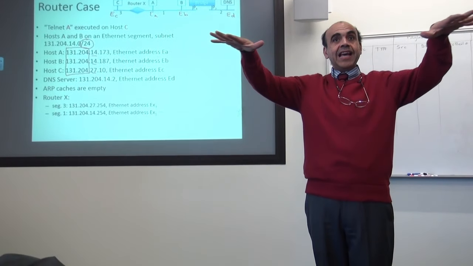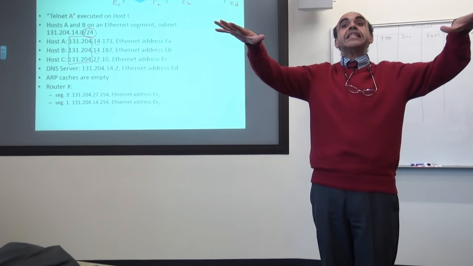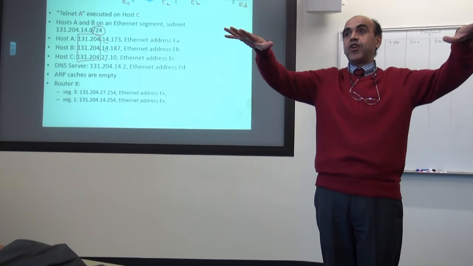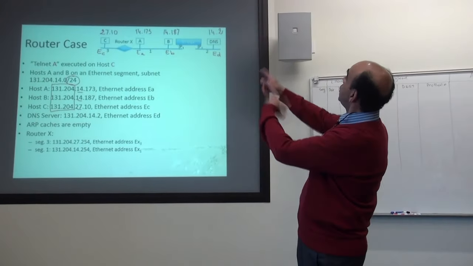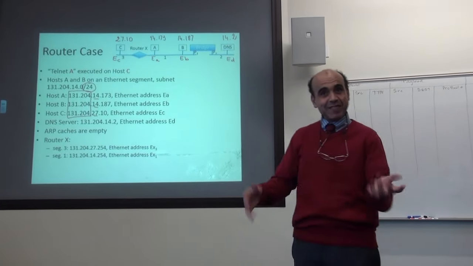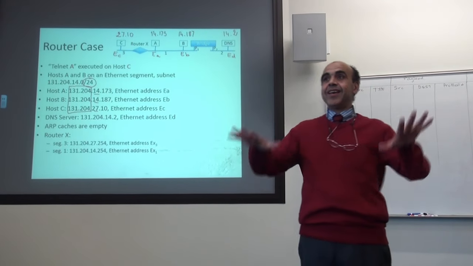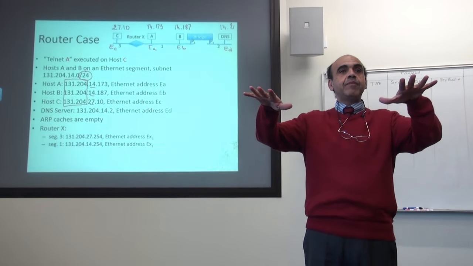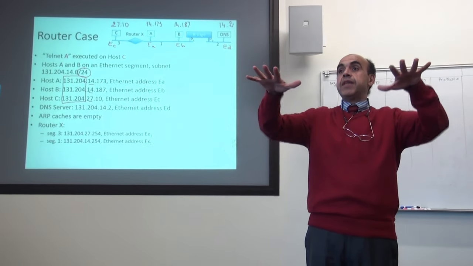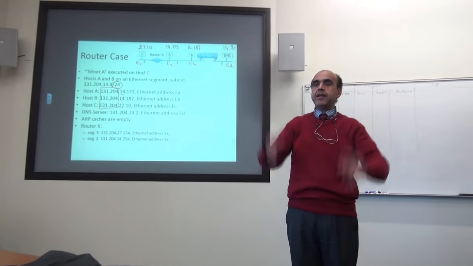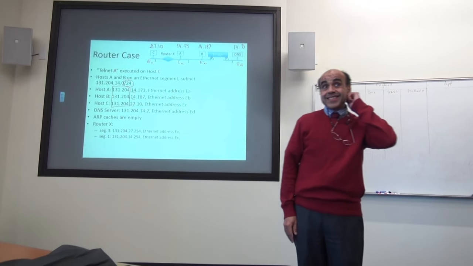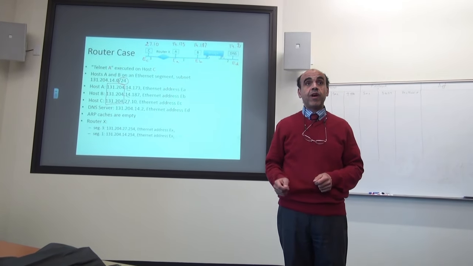The network IDs are different. This is what tells me they are not local. It's not that I see a router; the machines do not see themselves. Patrick, any problem? No? So in that case, I have to give it to a router.